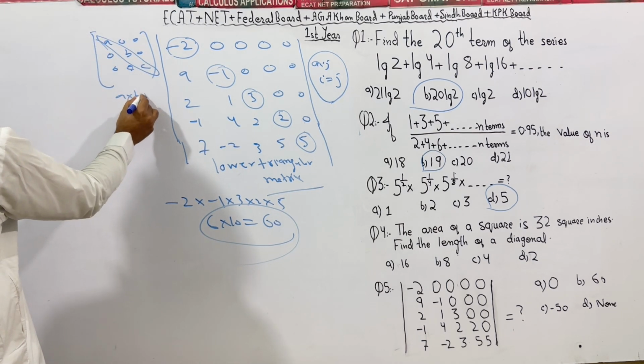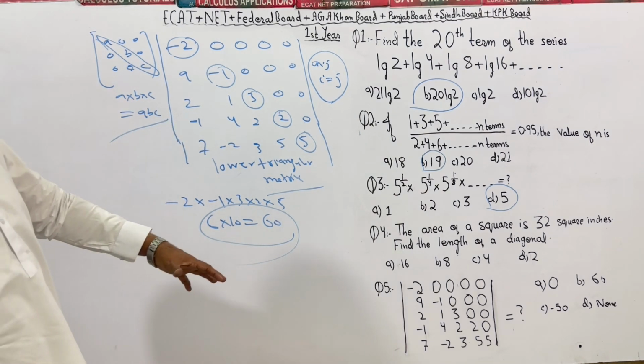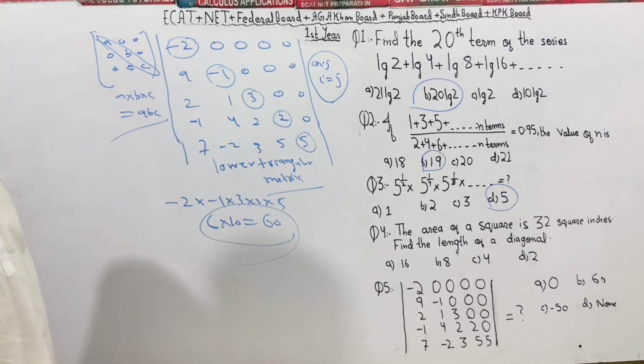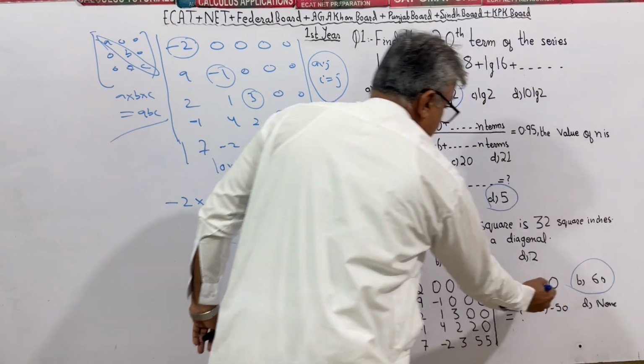It's your answer: A times B times C. I have already shared with you, the longer the order of the determinant and matrix, the easier is their solution. So 60 is the right option in that case.